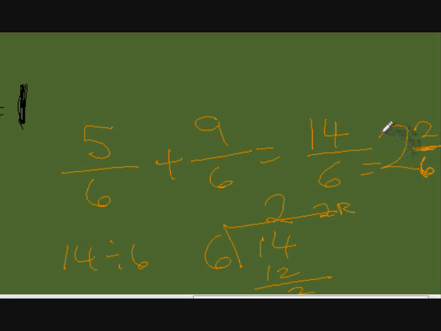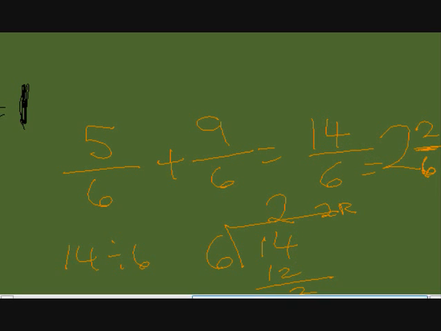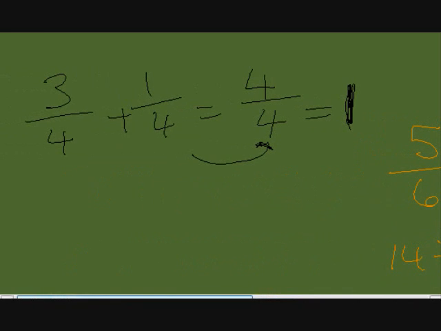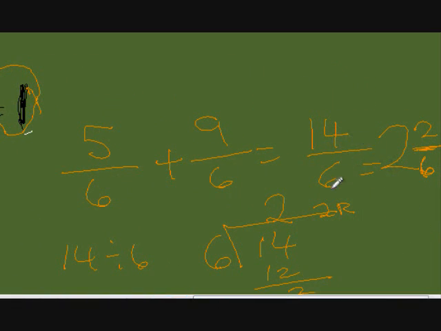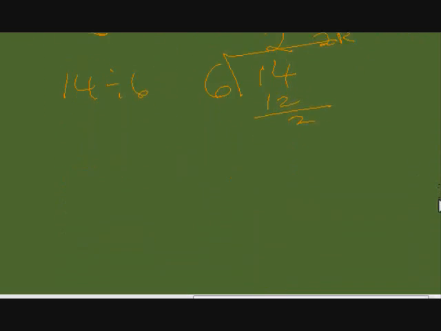So we have now simplified this just like we simplified this right here, because that's exactly what we did. 4/4 simplified is 1. 14/6 simplified is 2 and 2/6. Now, what about 2 and 2/6?